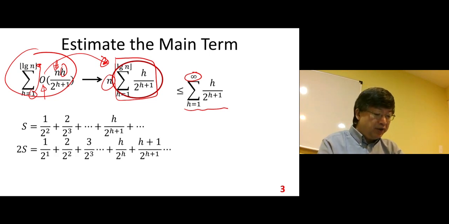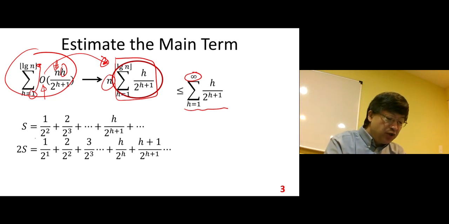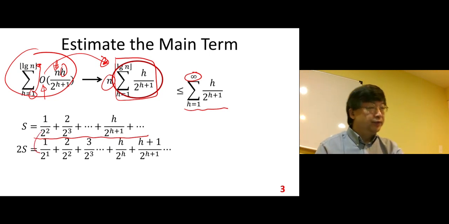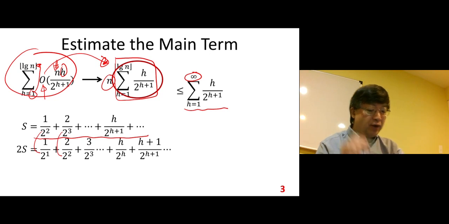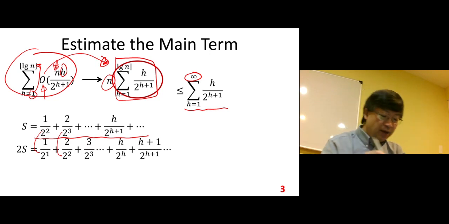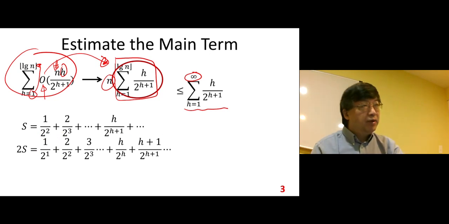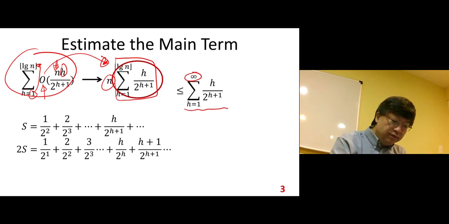With double S, we change the denominator: 2 squared changes to 2, 2 cubed changes to 2 squared, and so on. Basically we are doing a term shift, shifting one term to the left.